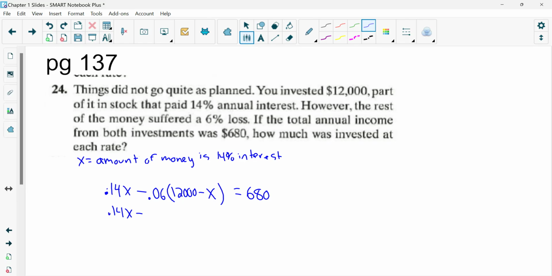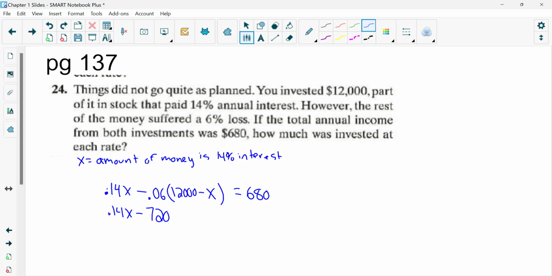Did you get it? 7,200? I think it's 720. I think you might have put too many zeros in. It should be 720. Or you didn't put 0.06, maybe. Yeah, it's 0.06 because we're talking about 6%.